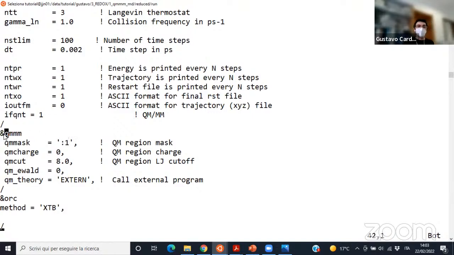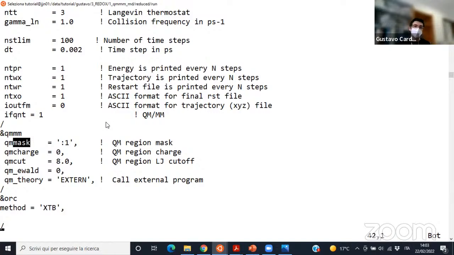So this ampersand QMMM is giving you the general settings for the quantum mechanical part of the system. Okay, so here we have the first one, perhaps the most important one, in my opinion, the QM mask. So you perhaps have already heard of the word mask in Amber. So mask basically means what atoms are you selecting for a specific task?